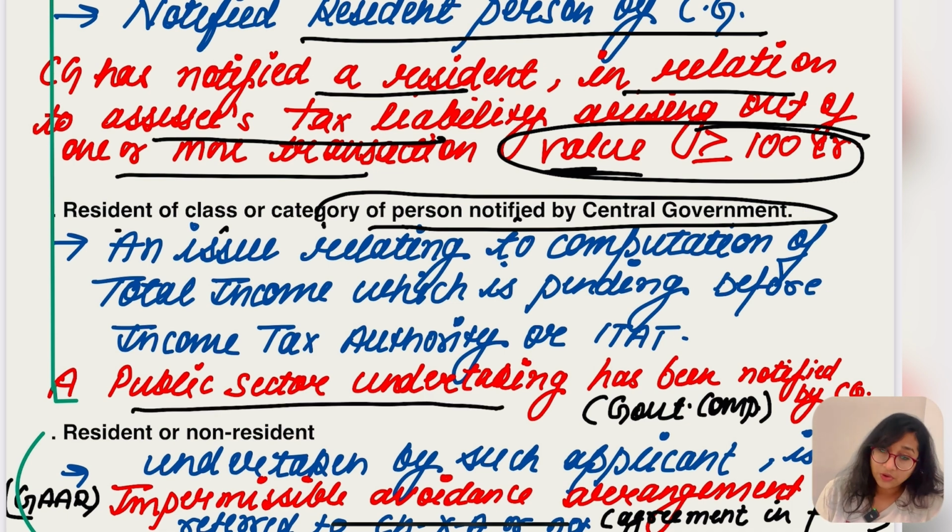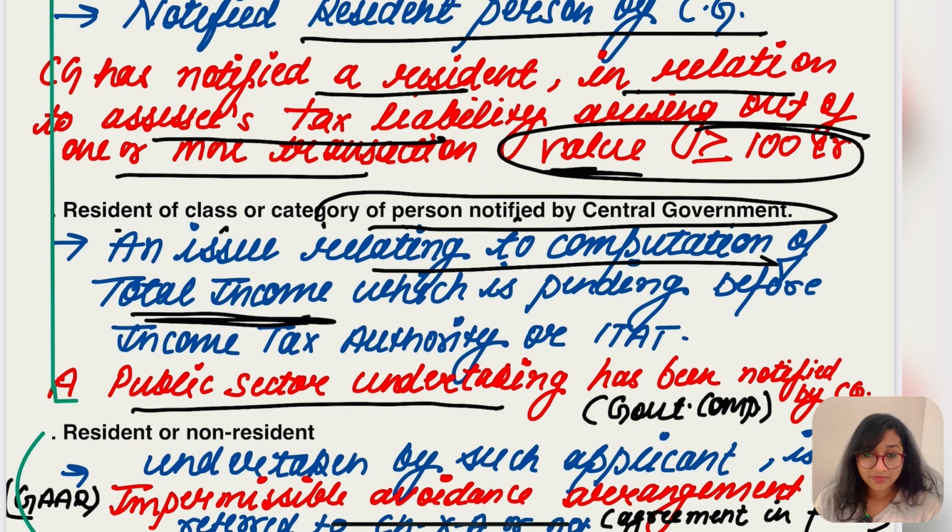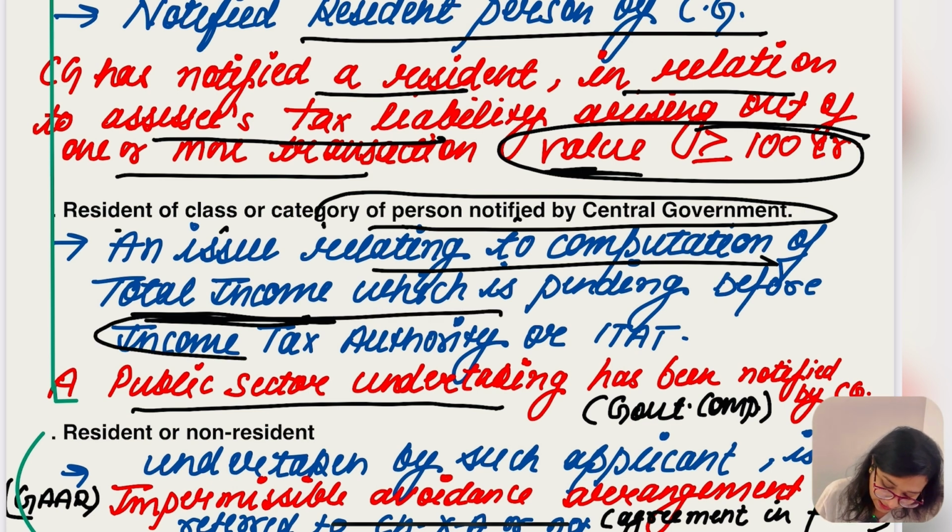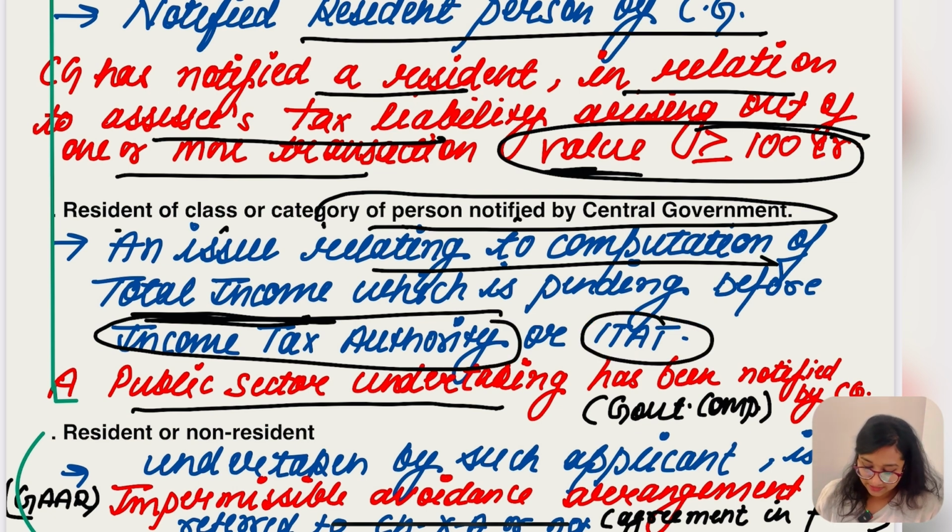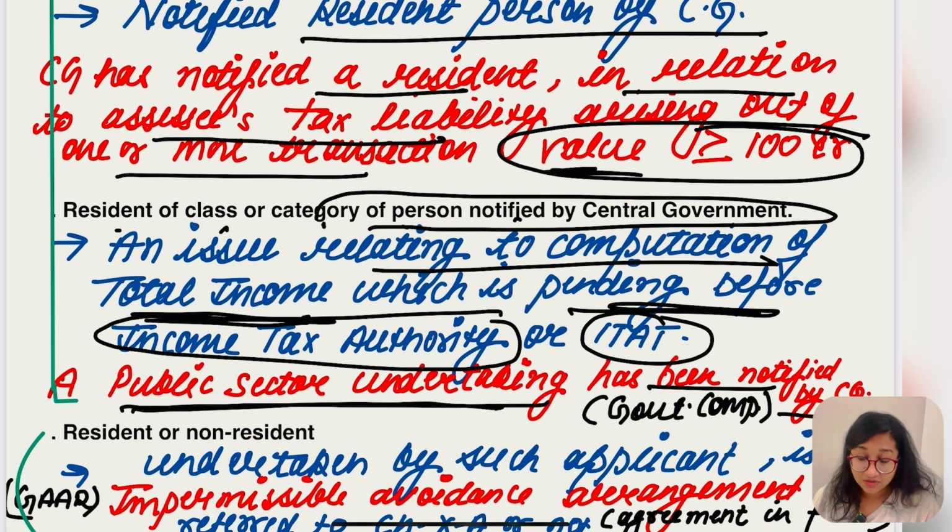Now let's go to the point written in this condition. An issue related to computation of total income, which is pending before the income tax authority or ITAT, and a public sector undertaking has been notified by the Central Government.